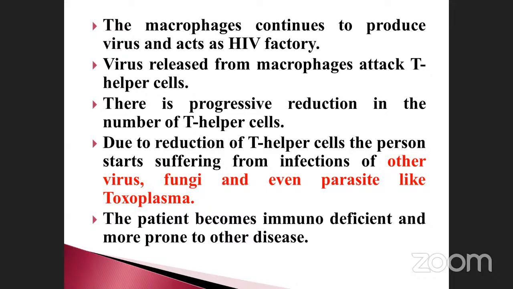Due to this reduction, the person starts suffering from infections by other viruses, and not only that, fungi and even parasites like plasmodium. That is why it is called a syndrome. The patient becomes immunodeficient and more prone to other diseases. That condition is called a syndrome, as we already discussed.